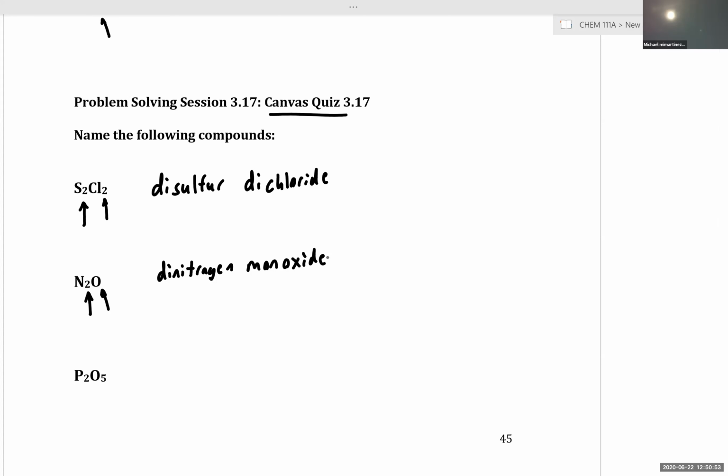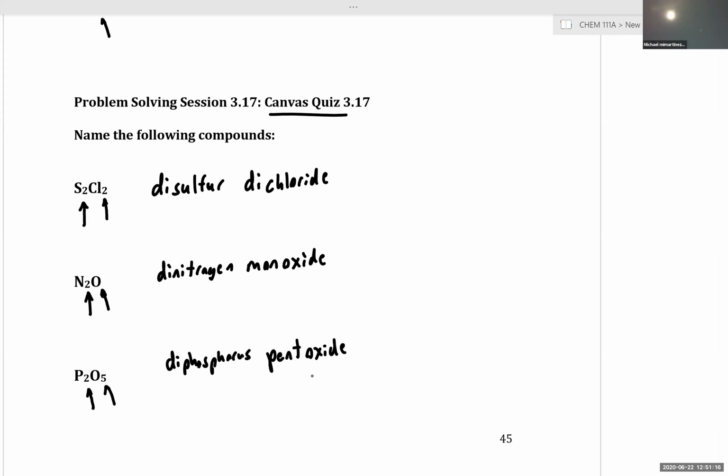For our final example, we have 2 phosphorus atoms. So we have diphosphorus. Then we have 5 oxygen atoms, so we use the prefix of pent, and then oxygen turns into oxide. So this is diphosphorus pentoxide.